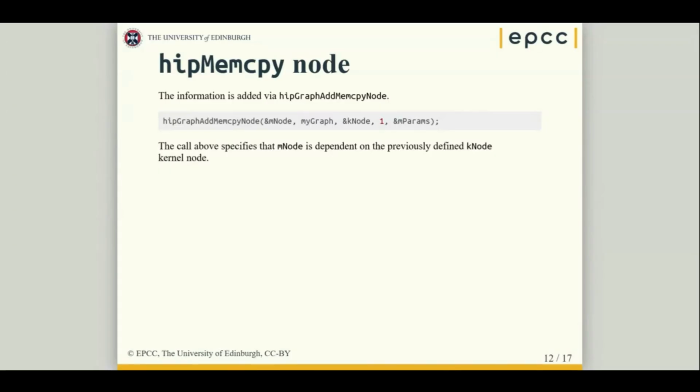So I'm executing the kernel node, and this memory copy node depends on this. So once this kernel node is finished, the memory copy node will execute. So this is the way of defining the dependencies.